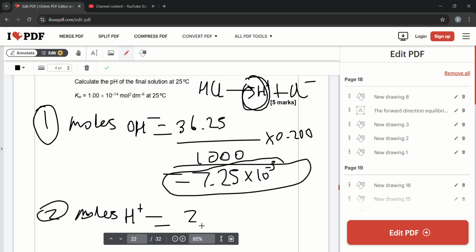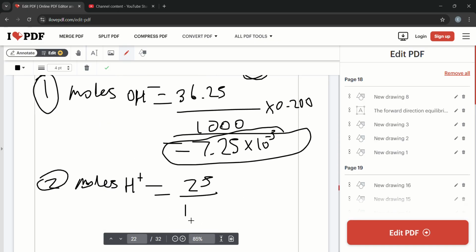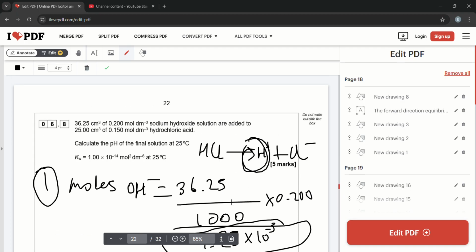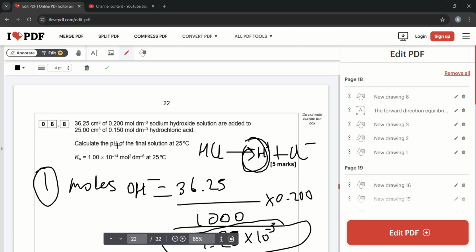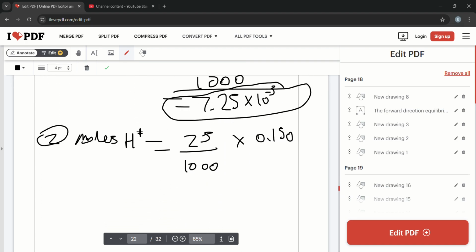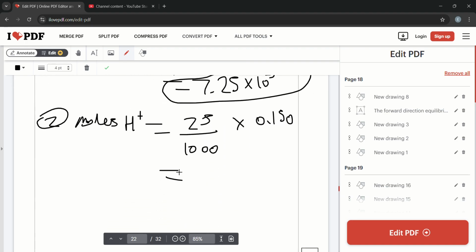So it's going to be 25 divided by 1000 times 0.150. Firstly, moles is concentration times volume. And the reason I divide by 1000 is because we need to convert this cm cubed into dm cubed. So 25 divided by 1000 times 0.150 gives 3.75 times 10 to the power minus 3.